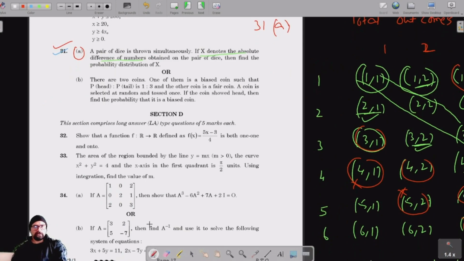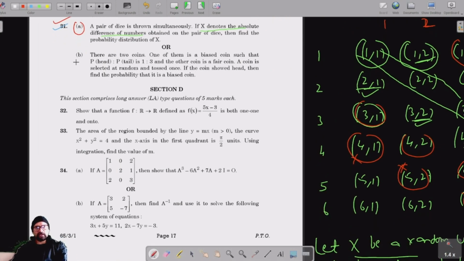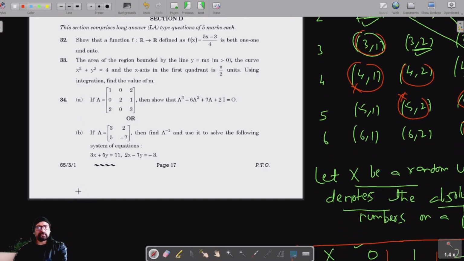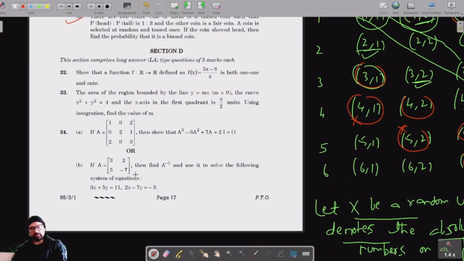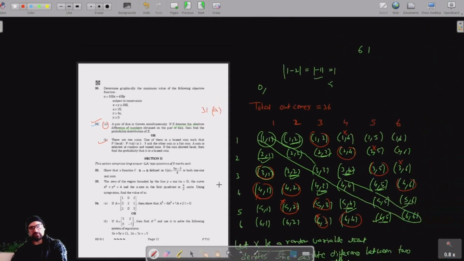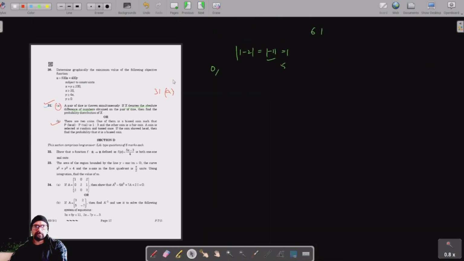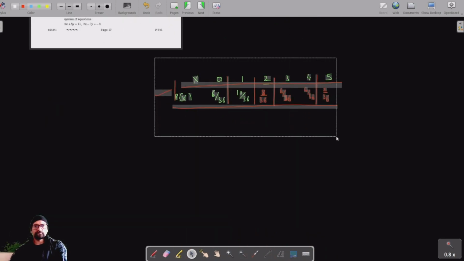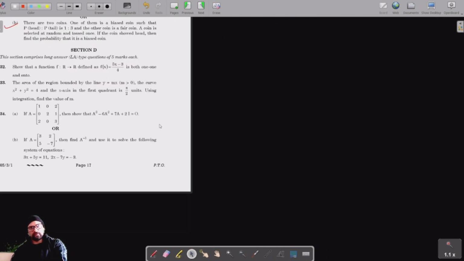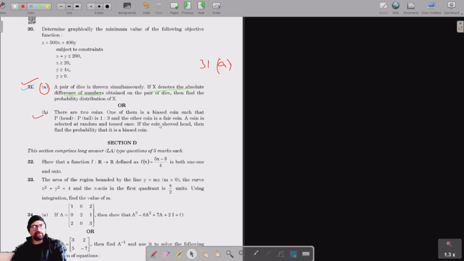Okay, that is the B part, and for this, let's try to get some space. For part B, it's given that there are two coins.